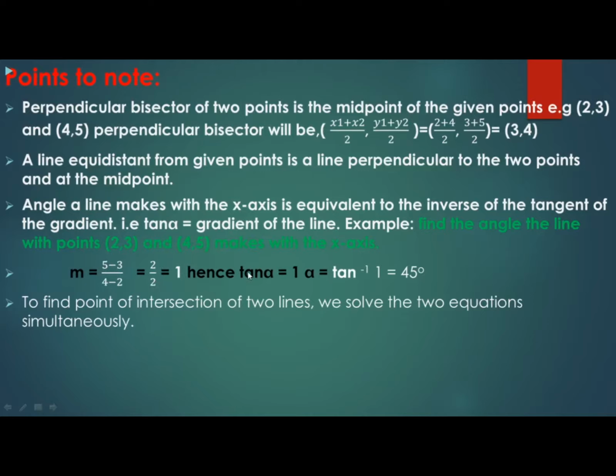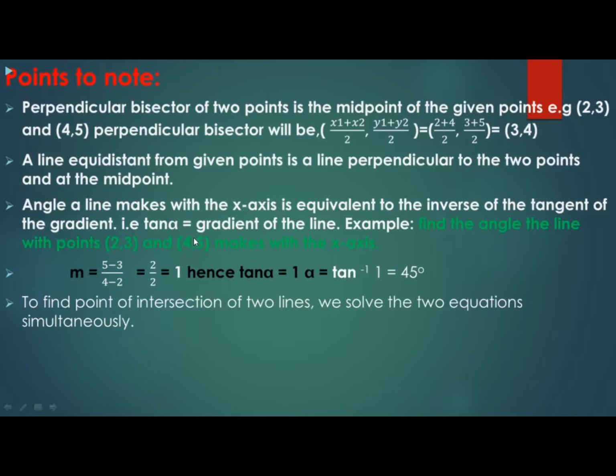Therefore tan theta equals 1. Theta is the tan inverse of 1, which equals 45. On a calculator, you press shift, tan, then 1, and you get 45 degrees. Or use a mathematical table to find the tan inverse of 1, which is 45 degrees.